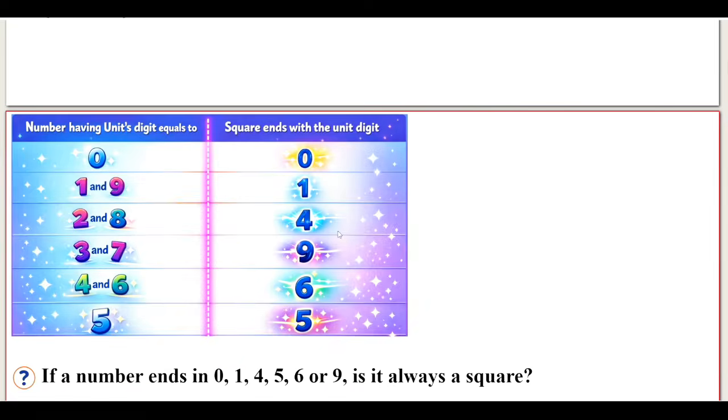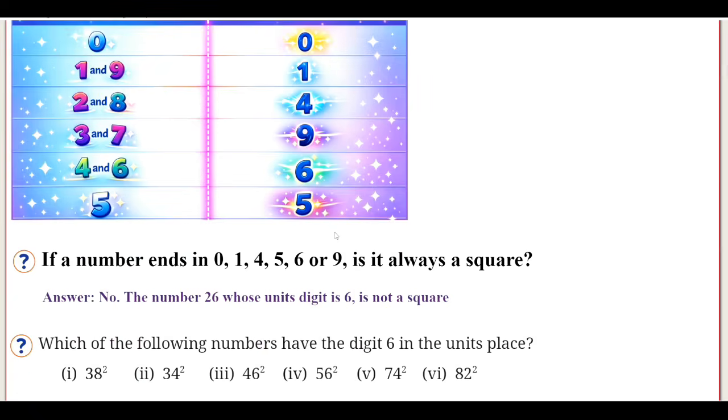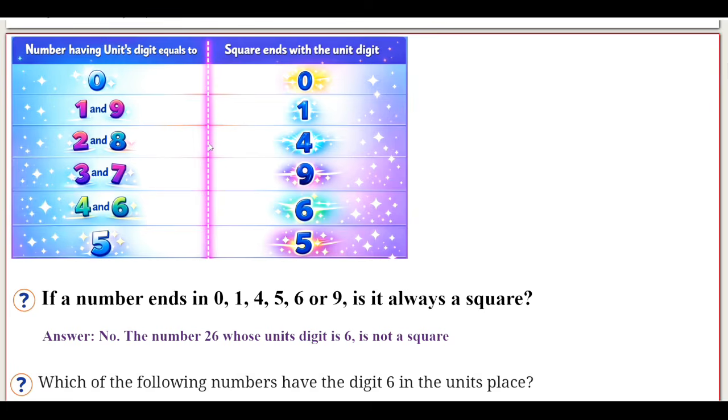The next one, the numbers having unit digits. Okay, if the number is having 0 at the unit digit, the square is ending with 0. If the number is having 1 or 9 in the unit digit, the square number is ending with 1.